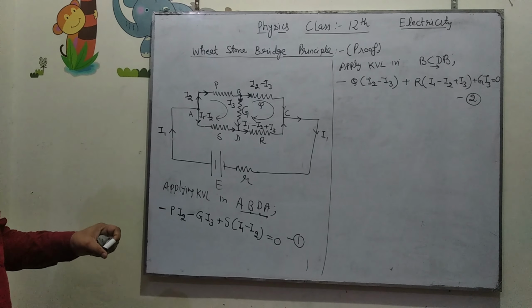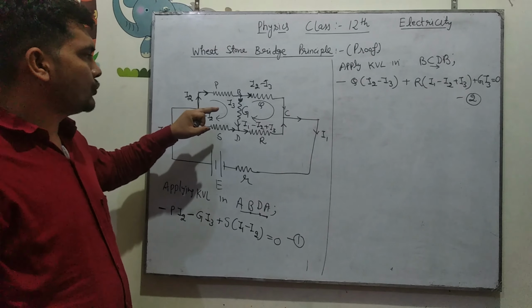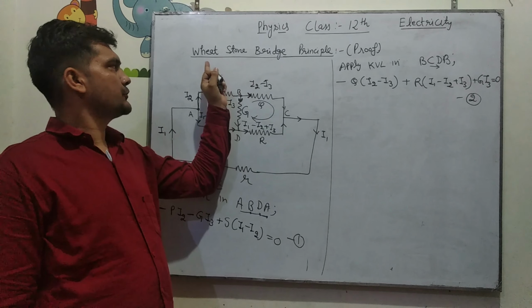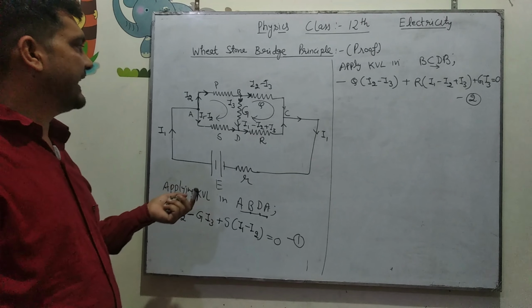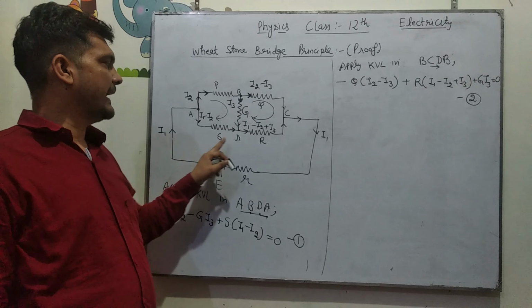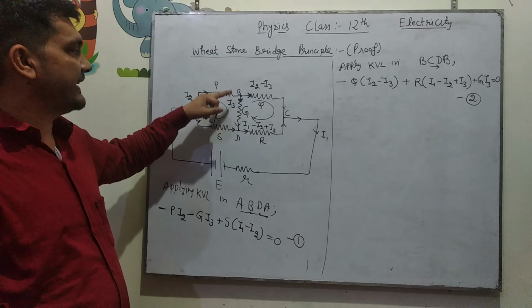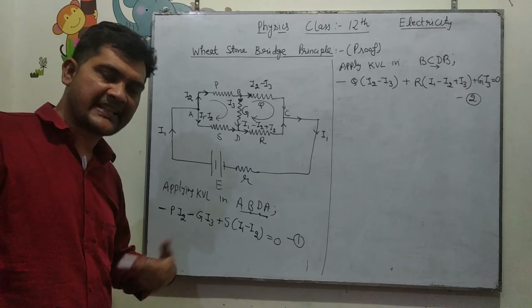Now, to prove the Wheatstone bridge principle, which states that if these resistances are in ratio P by Q equal to R by S, then these 2 points are at same potential, I am taking the converse of this principle.